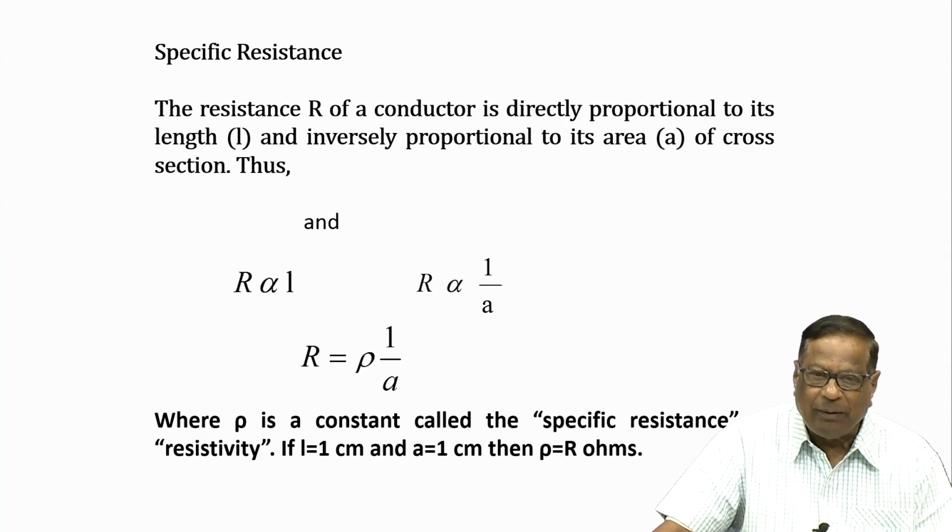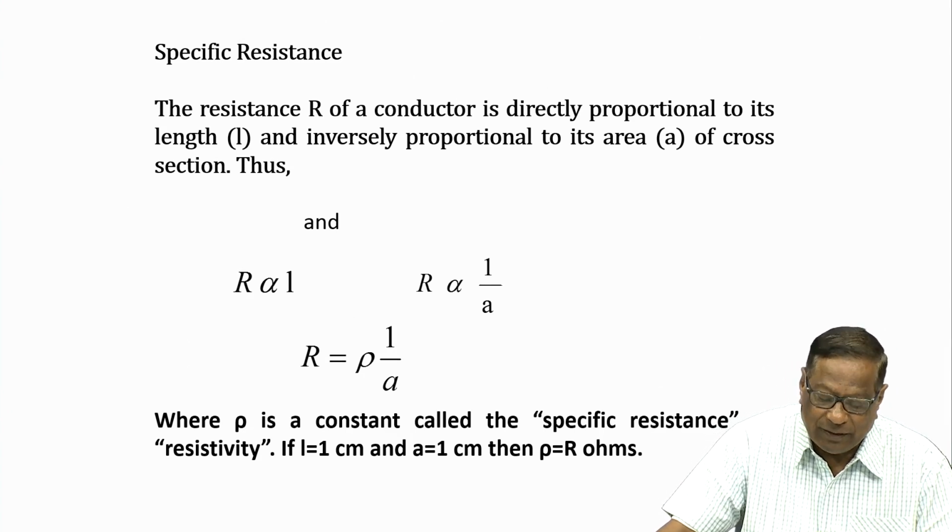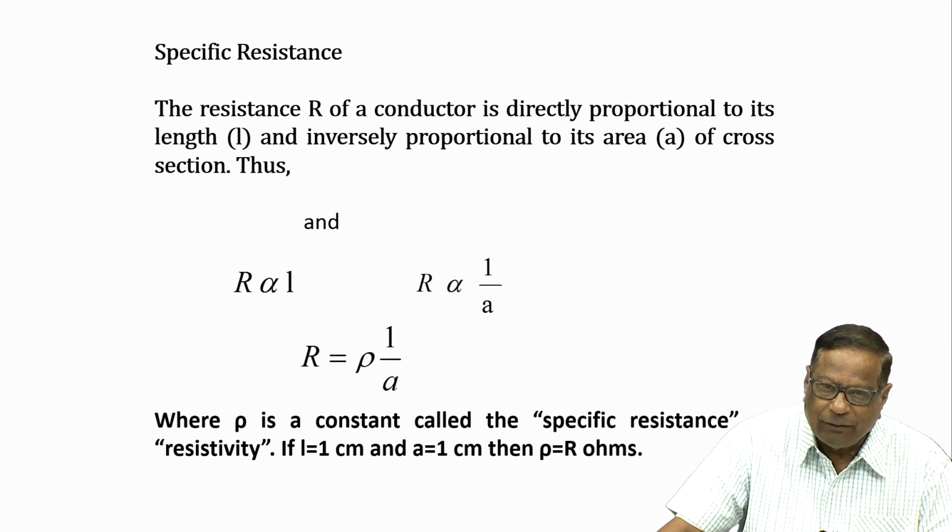For elements like copper, gold and silver, specific resistance will be very low. For other metals, it will be higher than that.